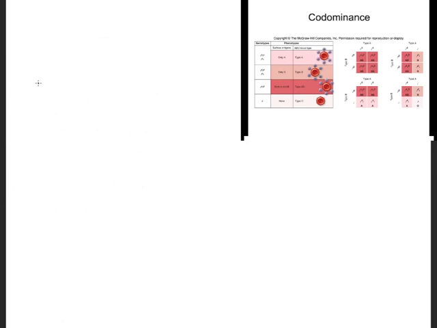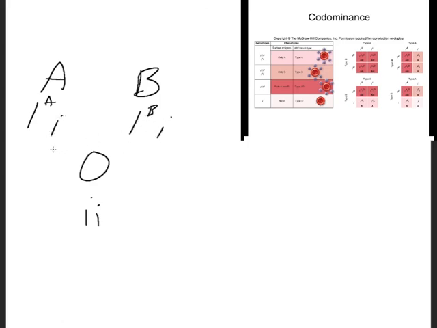Let's say that one parent is blood type A, the other parent's blood type B, and this child is blood type O. Okay, this one's actually pretty easy if you think about it. We know the child, and you know that each parent at least has that dominant allele. What's the other allele? Well, it has to be recessive. Why? The law of segregation.